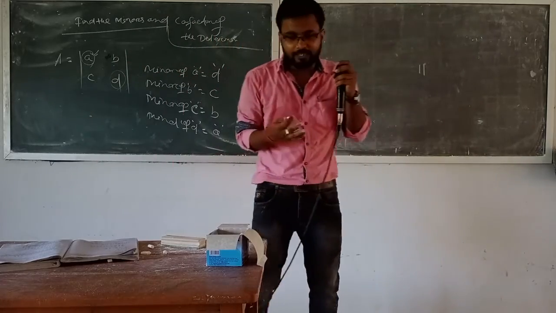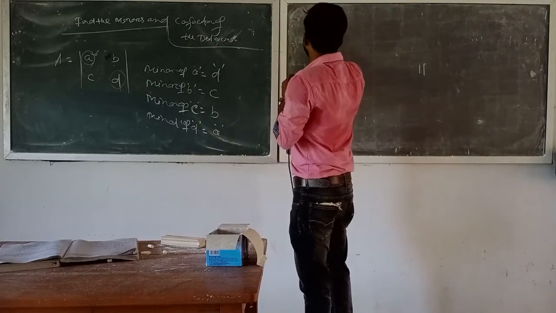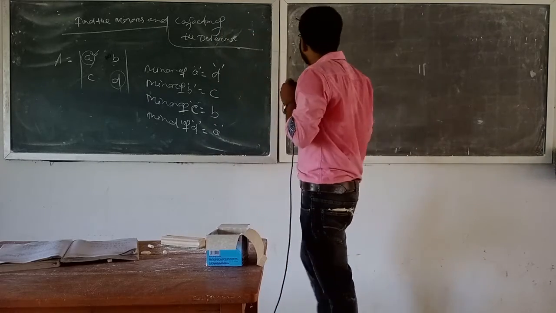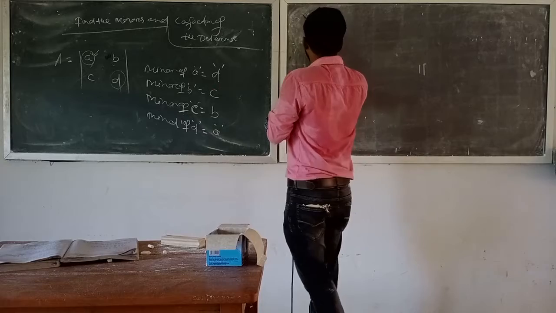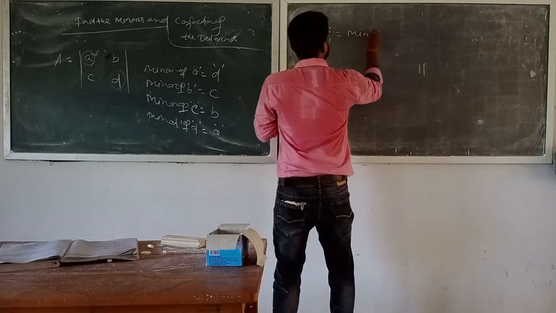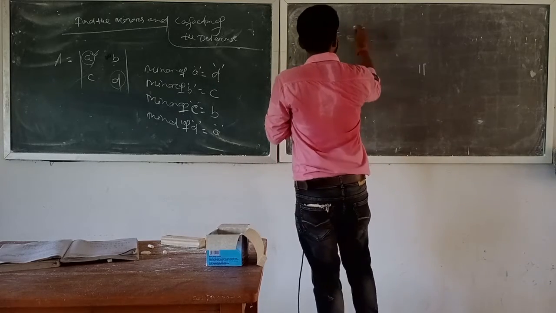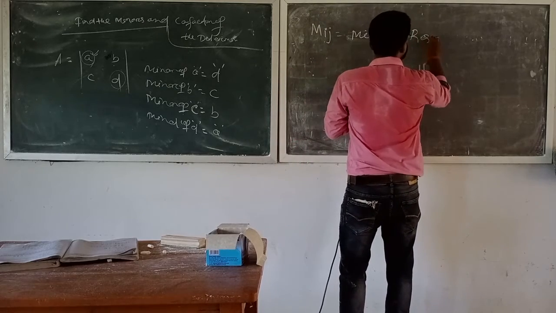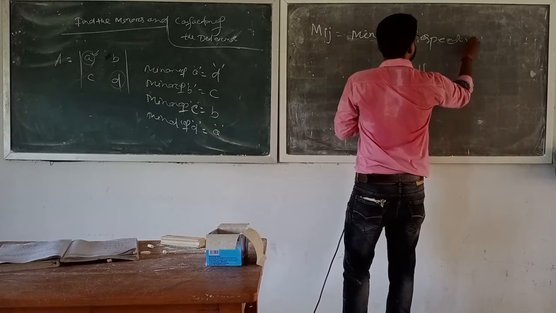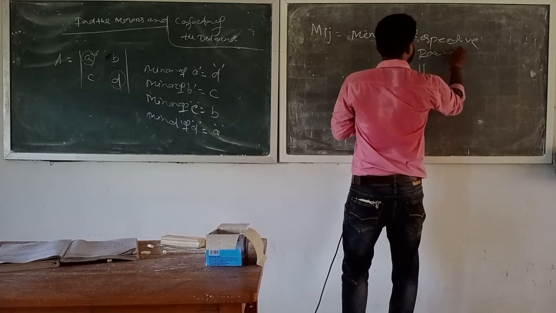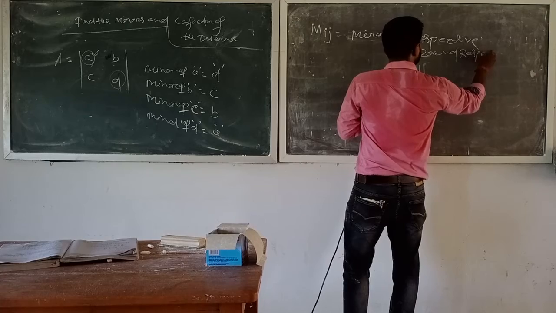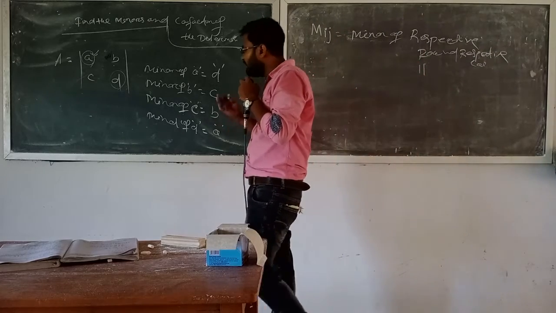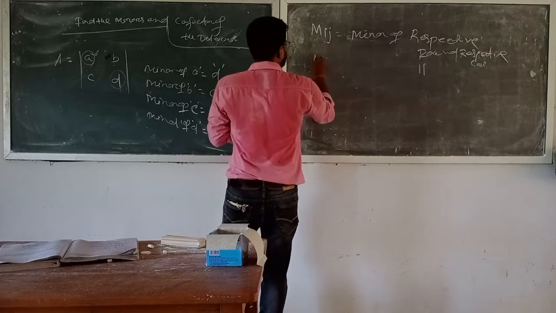And minor of a determinant can be represented like Mij. Mij means minor of the respective row and respective column. Let we have to find out the minor M11.